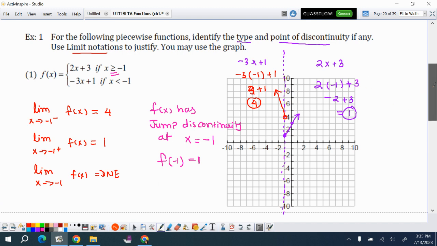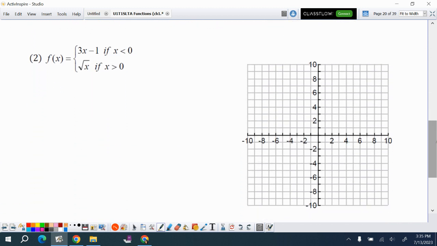Let's take a look at another example here. The pieces are occurring at x equal to 0. Now notice that the function is not defined at x equal to 0. So we know that f of 0 is not defined. Now let's try not to use the graph, and we can use the function straight here.